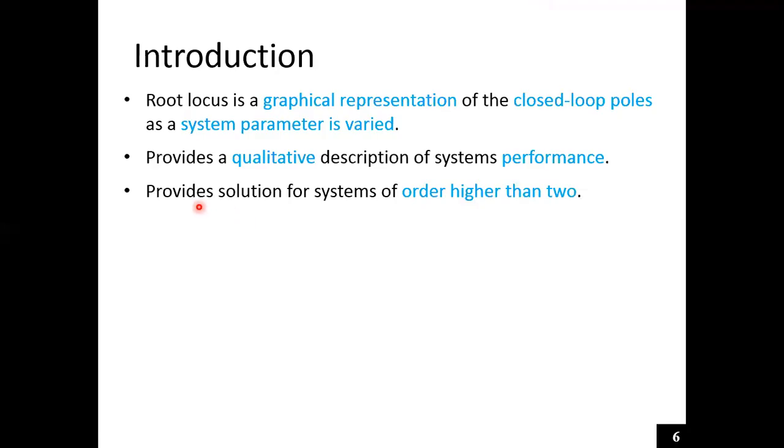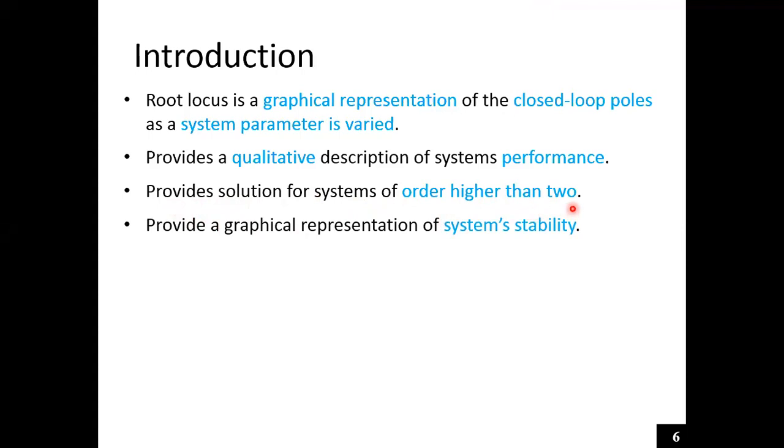It provides a solution for systems of order higher than 2. For order 2, we can find the root locus manually, but for higher order, it is difficult to find the root locus. So its importance is shown when the order of the system is higher than 2.